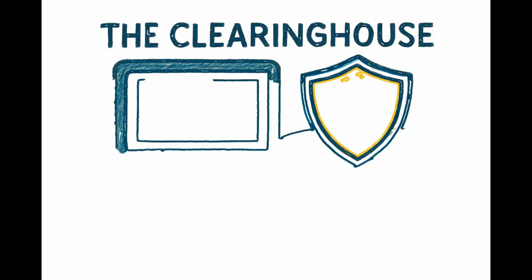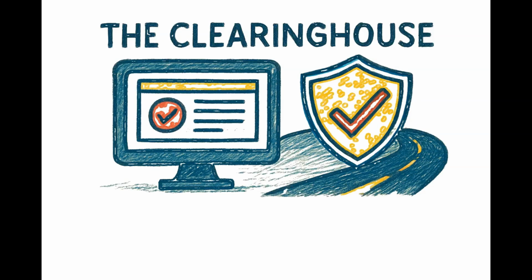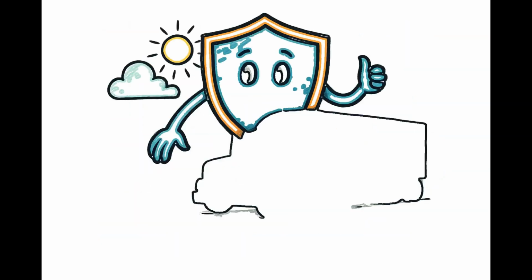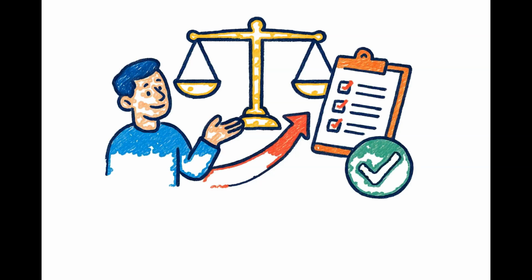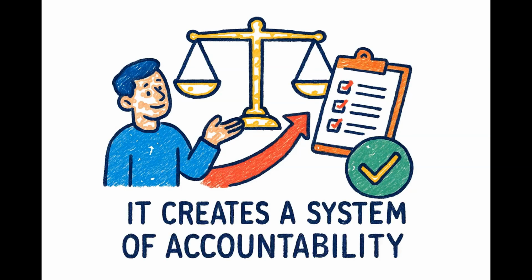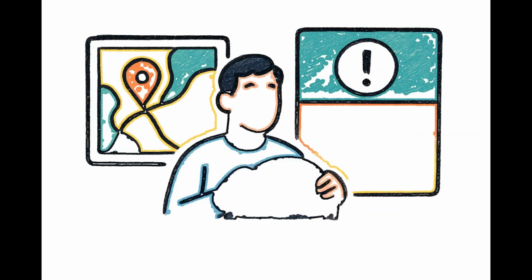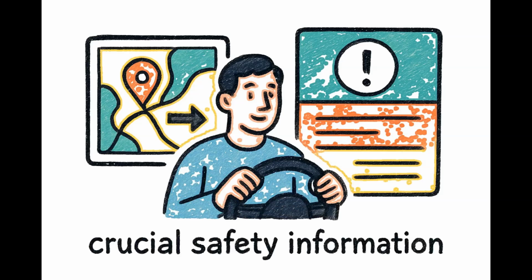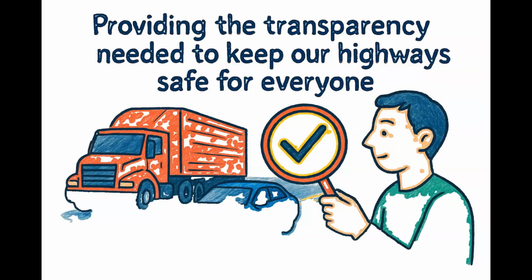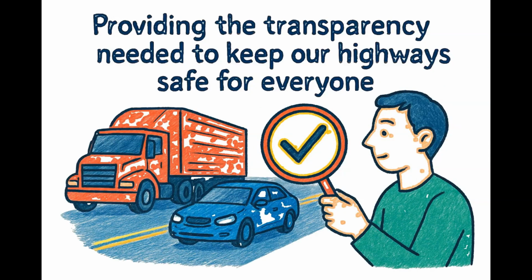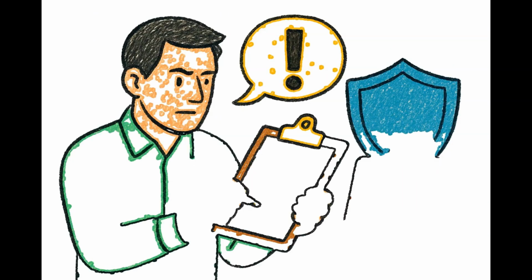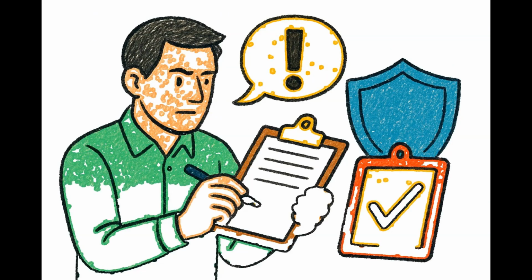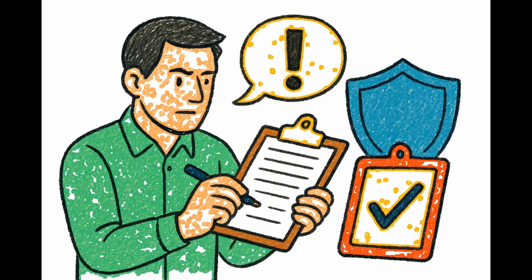The Clearinghouse is more than just a website or a regulatory hurdle. It is the digital guardian of the road. It creates a system of accountability that was impossible before its existence. It ensures that crucial safety information follows the driver, providing the transparency needed to keep our highways safe for everyone. Mastering this tool, understanding the duty to query and to report, is a non-negotiable part of running a compliant and safe operation.